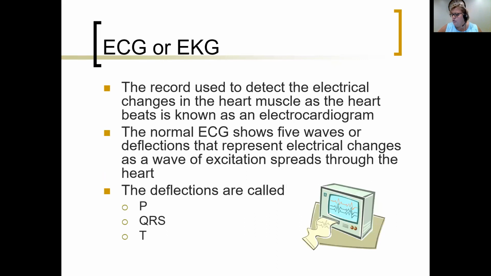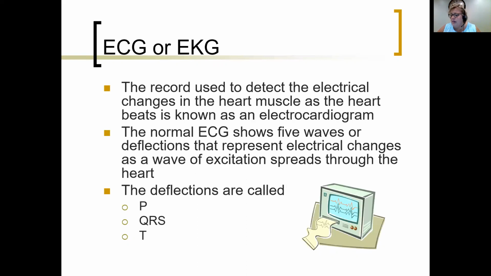And if you look on page 409 in your book, it shows these deflections or waves. We have the P wave, and that's always first. That's the atrial contraction. The QRS segment, or the QRS wave, you can see the negative deflection goes down, that's the Q. The tallest positive deflection is the R, and then the S is another negative. That's the ventricles contracting.